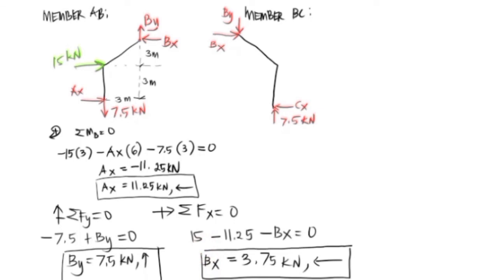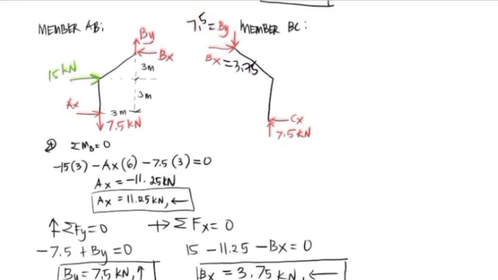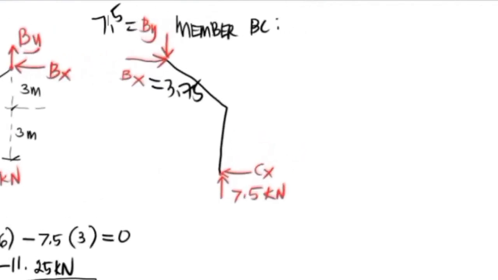So kung titingnan naman natin sa member BC, since we already computed for the value of the BX, that is equal to 3.75, and BY, that is equal to 7.5. So ang ano na lang natin sa member BC natin is the force CX.